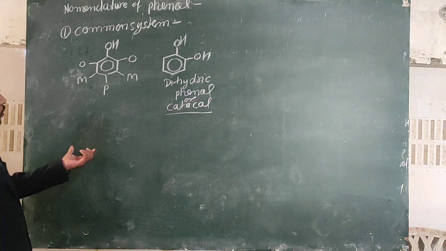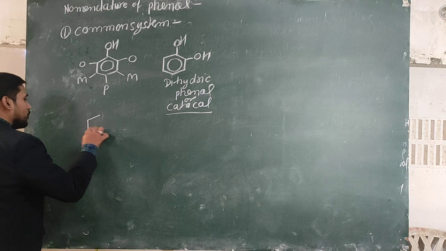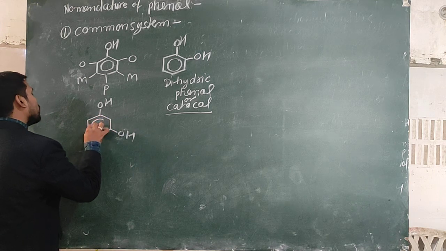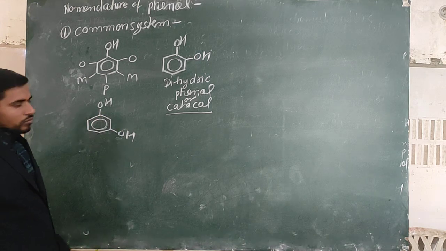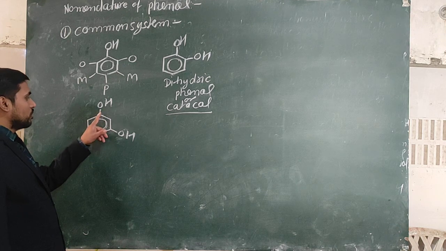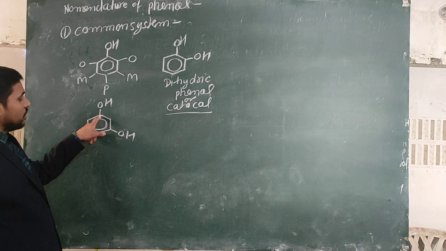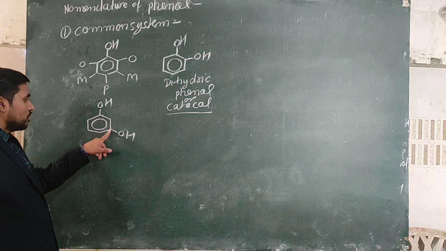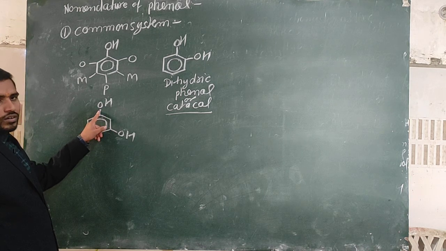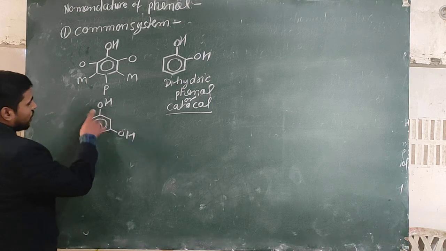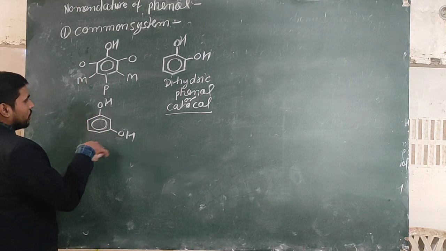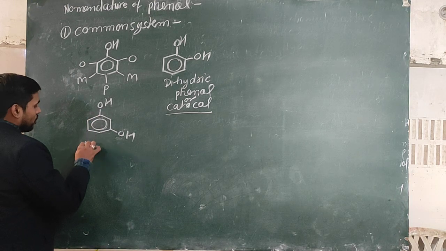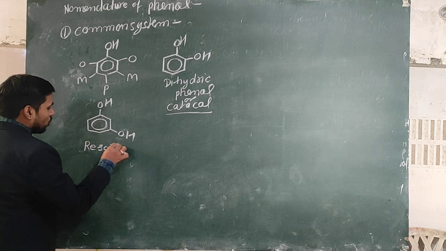If the phenyl ring contains 2 OH groups, but they are at the first and third positions, according to numbering, first carbon, second and third, then this type of structure, with the 1,3 position of OH groups in phenol, is also known as dihydric phenol, but it is known as resorcinol.